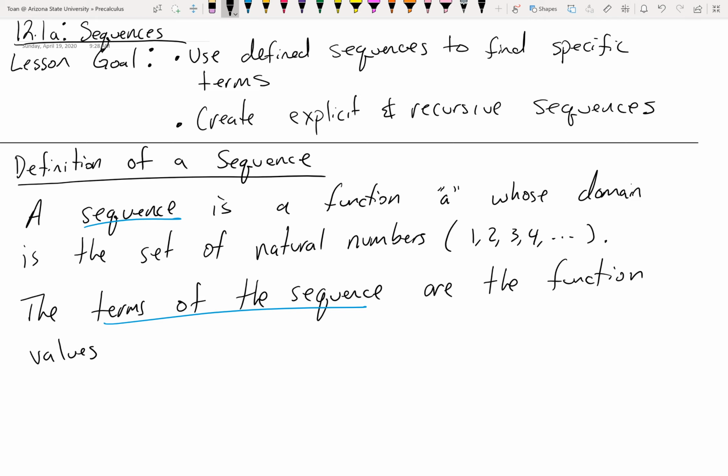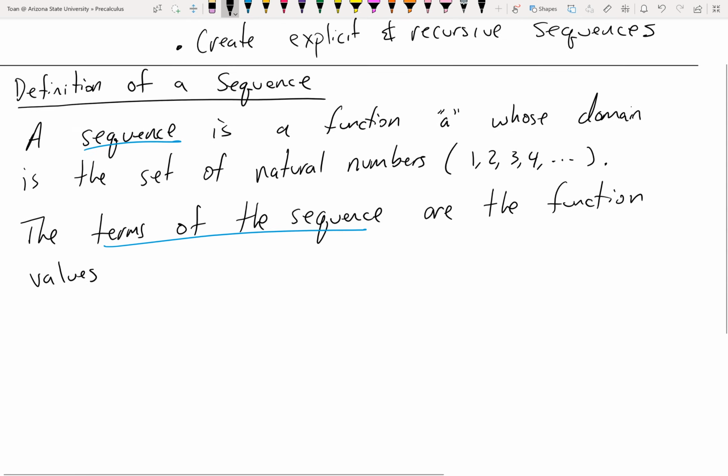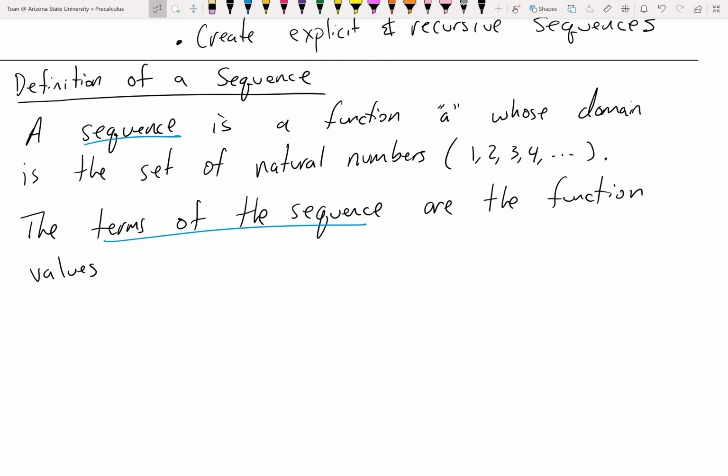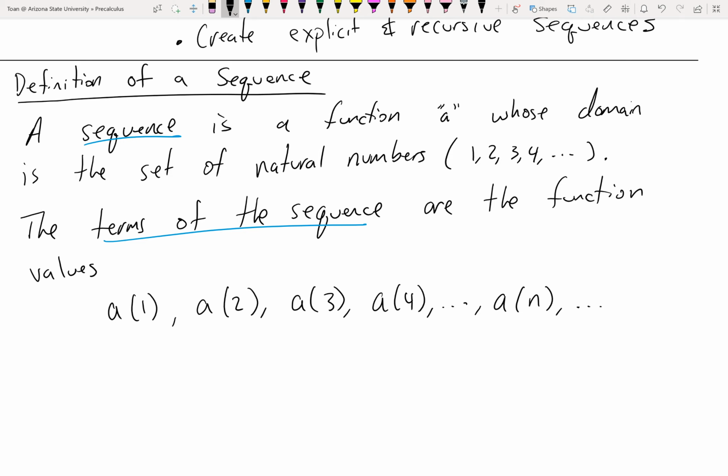So if you have an equation or a function and it is a sequence, we'll call it A. If you were to plug in positive whole numbers, congratulations, you are finding terms of the sequence. They're literally the function outputs. They're the function output when you plug a 1 into the function, when you plug a 2, when you plug a 3, when you plug in a 4, so on and so forth until you plug in a specific number, right?